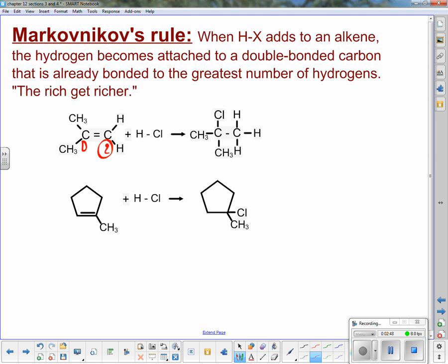If I look at this next one coming down here, you'll notice that this carbon on that corner has 0 hydrogens. This one on this corner has 1. So when the HCl comes along, the H goes on this side and the Cl goes on this side. Hope that makes sense. Just remember the rich get richer when it comes to hydrogen.